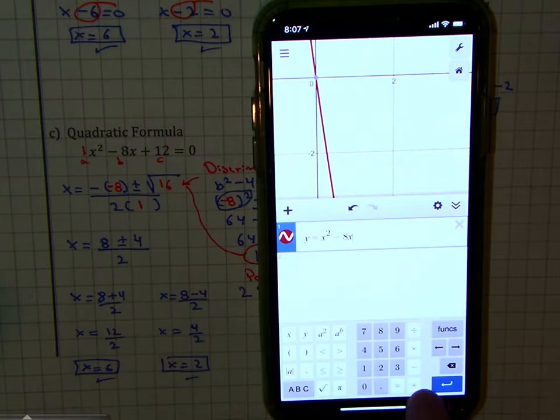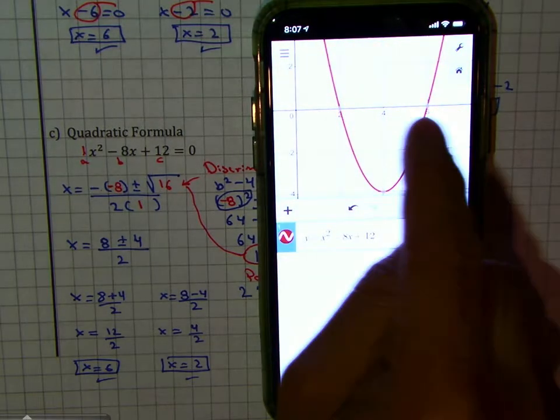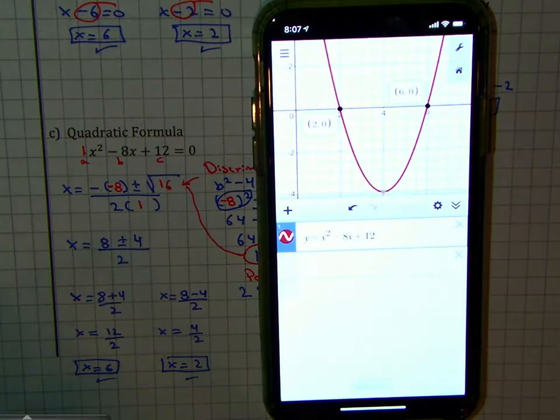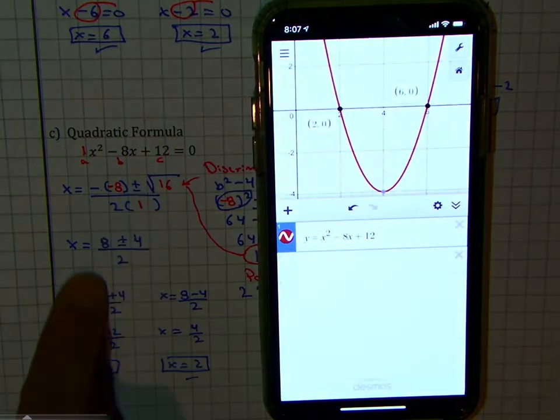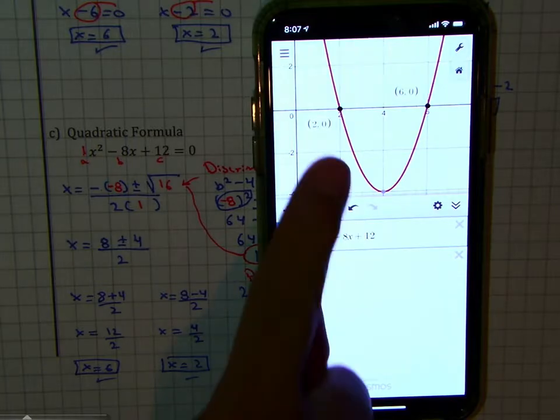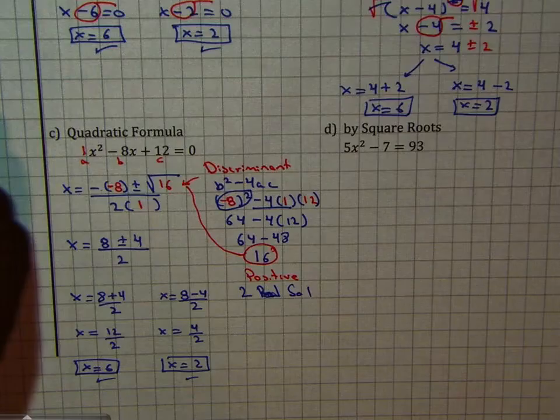Plus 12. Now I need to zoom out, and those are my solutions. So one way is by factoring, completing the square, quadratic formula, or by graphing, we can see where it crosses your x-axis, and those are your solutions, your x values of the x-intercepts.